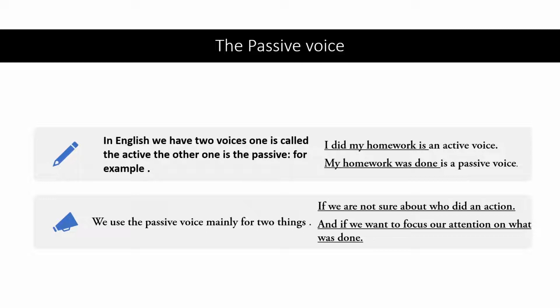And if we want to focus our attention on what was done, not on who did it. We are going to understand more when we start explaining the rules of the passive voice with some examples. So let's continue our journey.